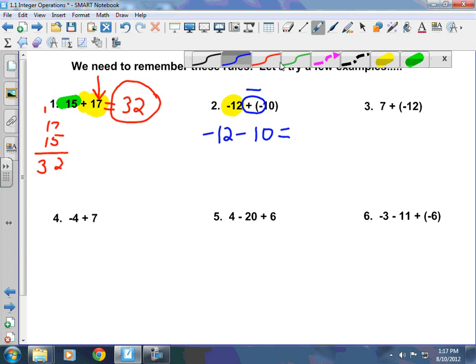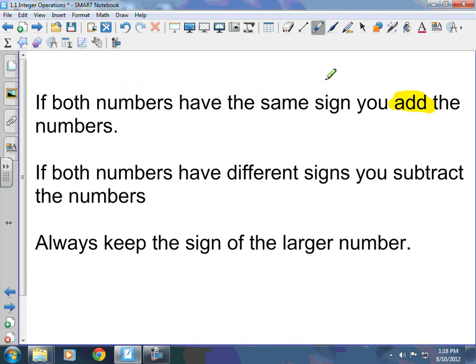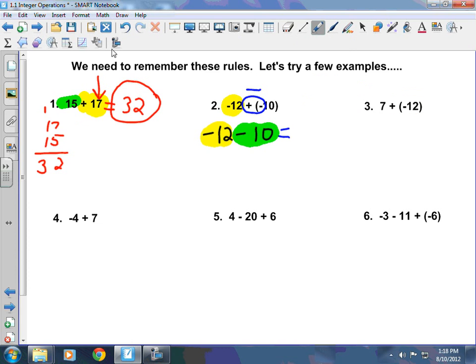Now, in order to follow the rules, I need to know, is my 12 negative or positive? It's negative. What is my 10? Is my 10 negative or positive? It's negative. So do my numbers have the same sign or different signs? They have the same sign, so what do we do? I add.